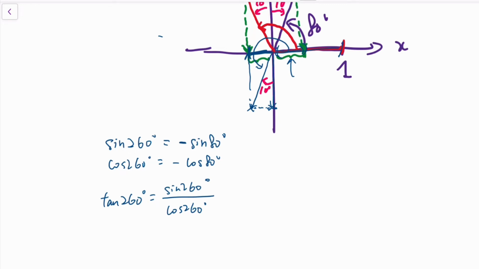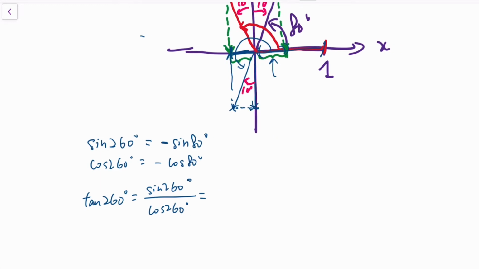You may have learned this as an identity. In some sense, you could use this as the definition of tangent. There is another way of defining tangent, but in that definition, this result is still true. We just then call it an identity. So it's fine.